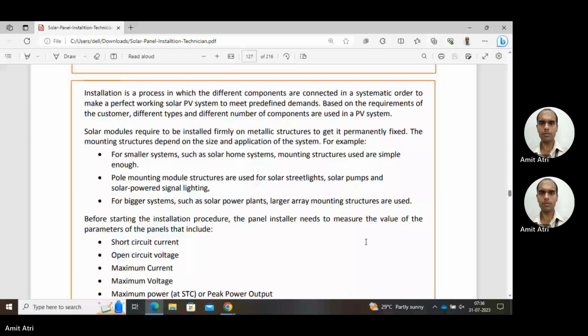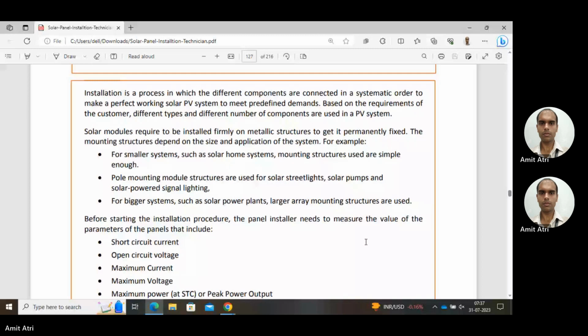Now, based on the requirements of the customer, different types and different numbers of components are used in a PV system. So we have to analyze the load type, demand, and requirement by the customer. Then we have to design the system. Then we have to connect it in a systematic manner, with proper specifications: what should be the rating of the components, which type of system is needed.